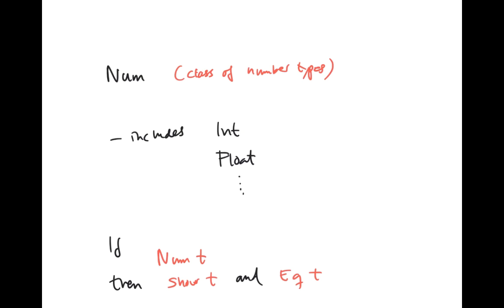One last type class that I would like to mention is the class Ord, which is the class of types whose values can be ordered.